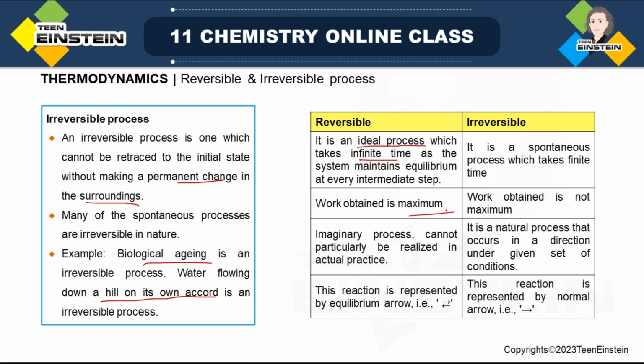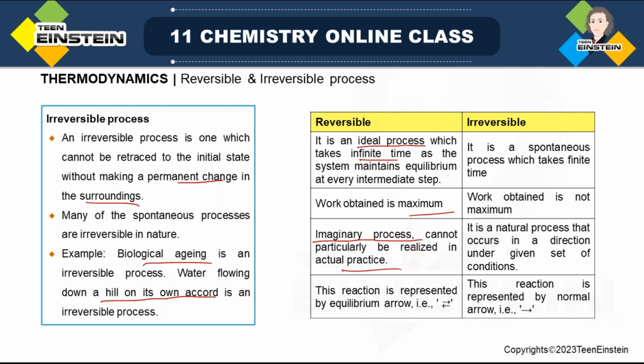So you will not be able to fully convert, though in reversible also it is not possible to fully convert the energy from one state to another, but you can achieve maximum work compared to irreversible, because of this tendency of energy loss. In irreversible, work obtained is not maximum. As it is ideal, it is basically an imaginary process, which cannot particularly be realized in actual practice.